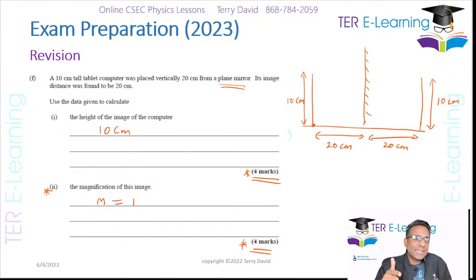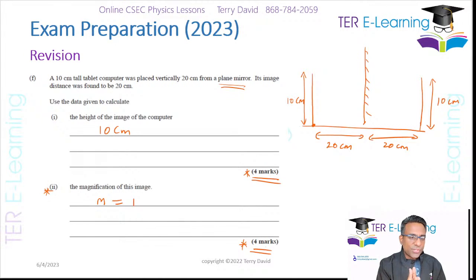The second thing is that the height of the object and the height of the image are the same in a plane mirror. The third one is that the object distance is equal to the image distance. Another property is that the image in a plane mirror is virtual. So you all have to know the difference between a real image and a virtual image.